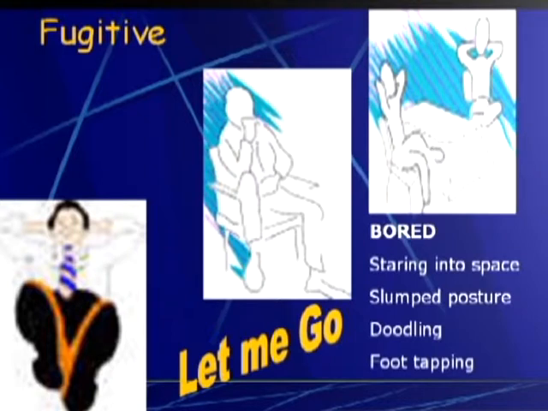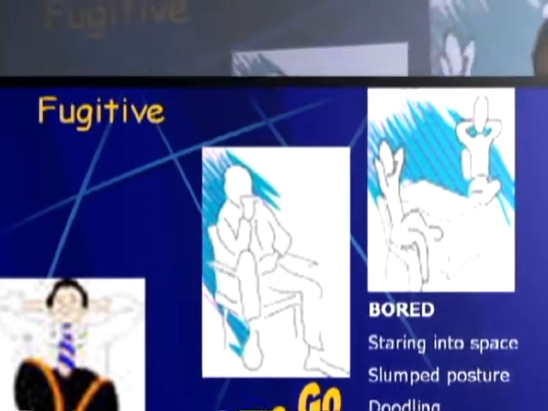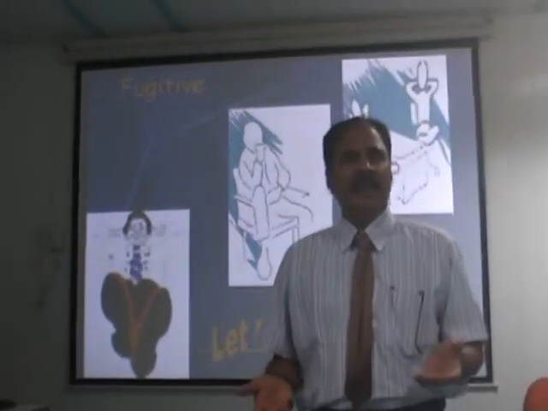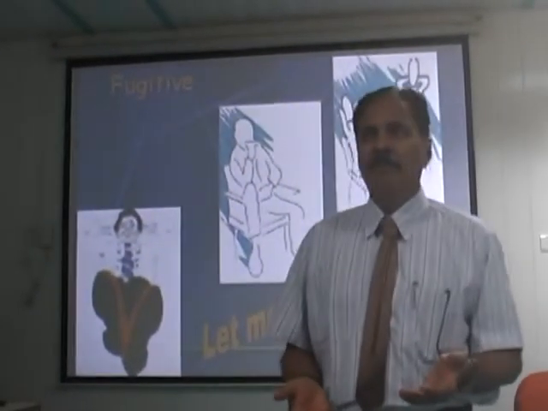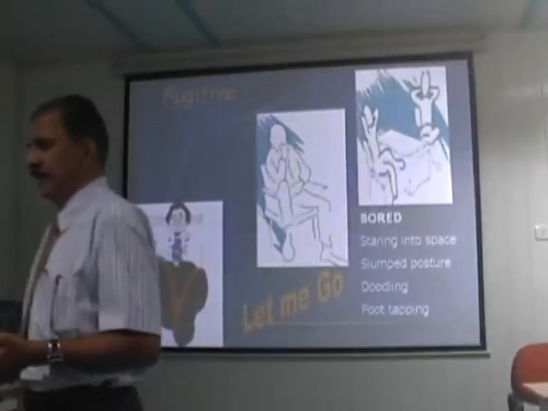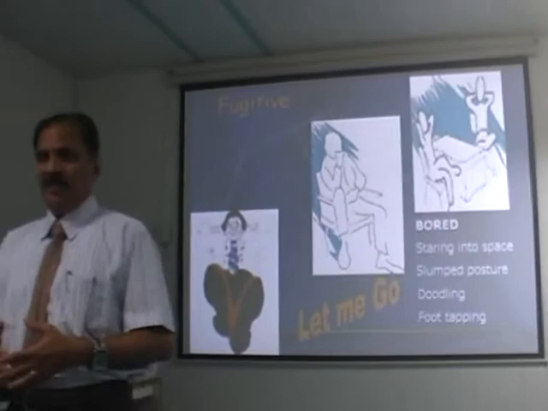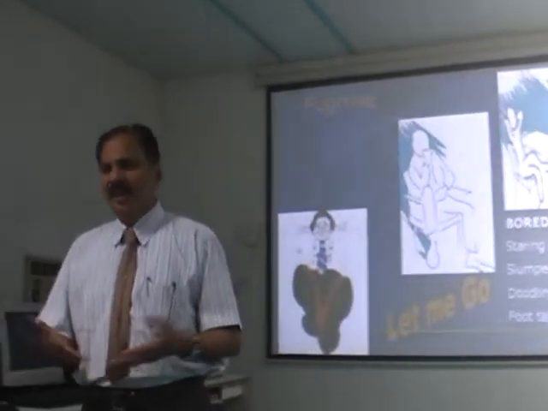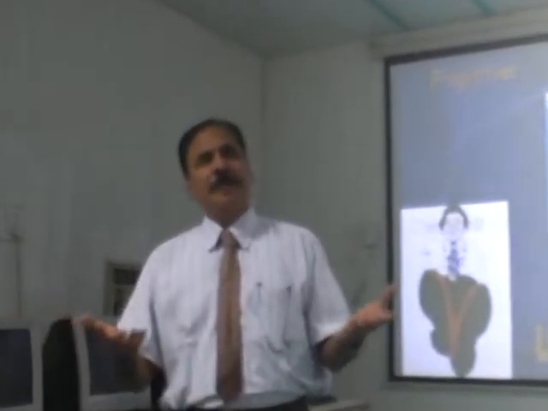They may be in a relaxing mood. They are doodling, or they may be engaged in some other activities like tapping their foot like this. Okay? So here they want to send a message to the presenter: you please leave me or let me go.